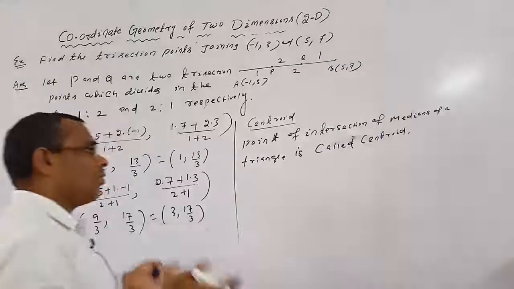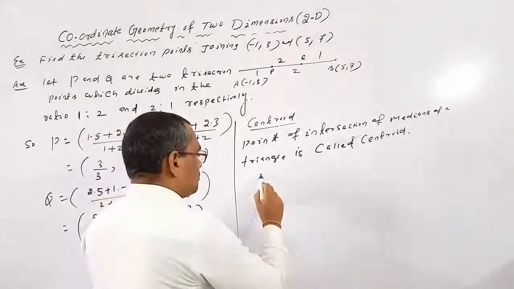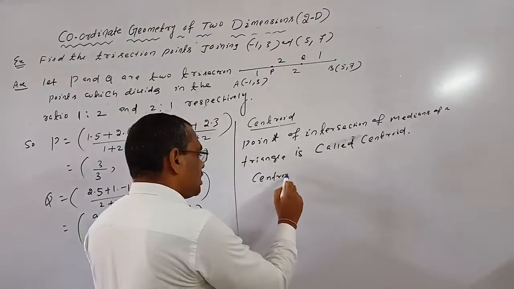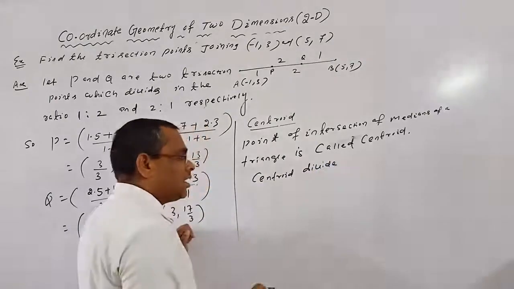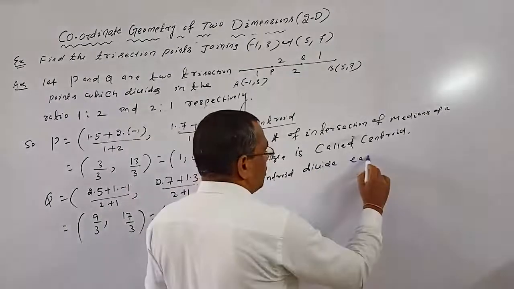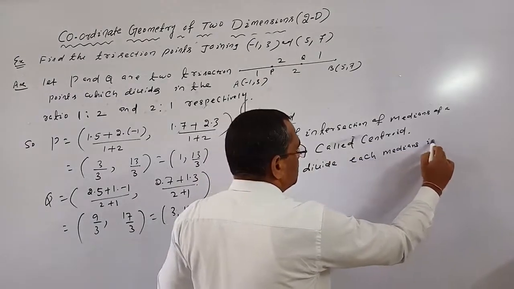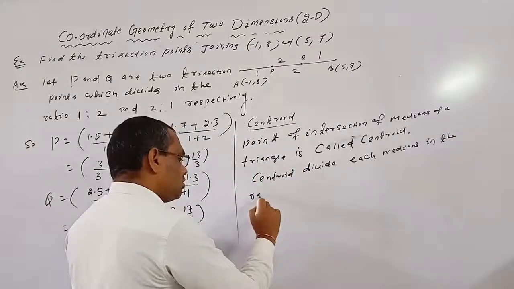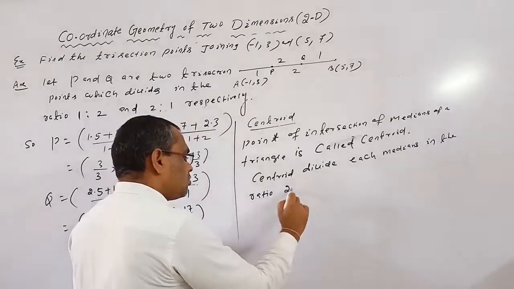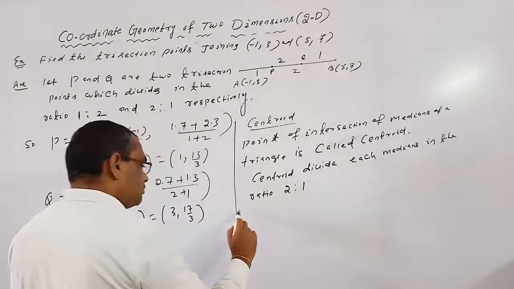What is the centroid? The point of intersection of medians of a triangle is called the centroid, and the centroid divides each median in the ratio 2:1.